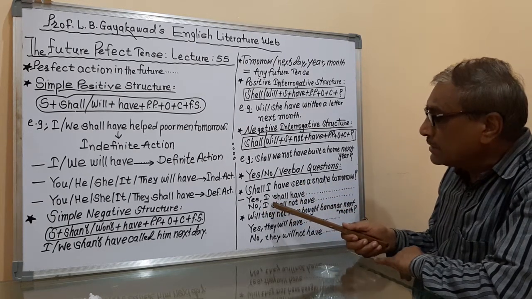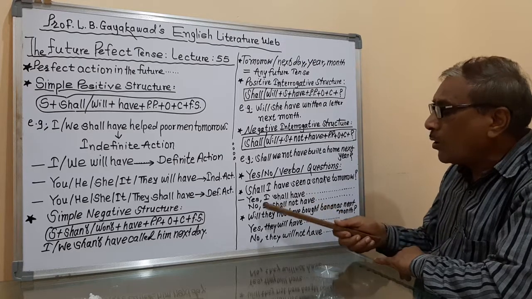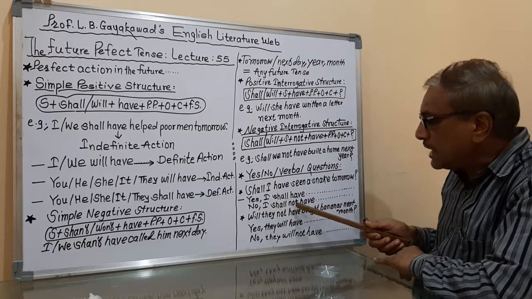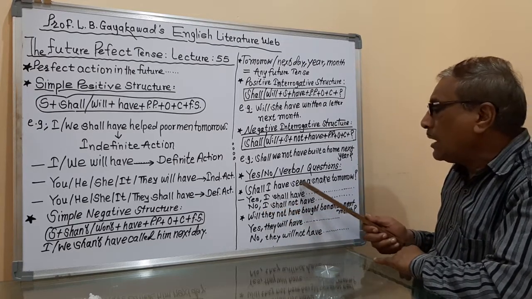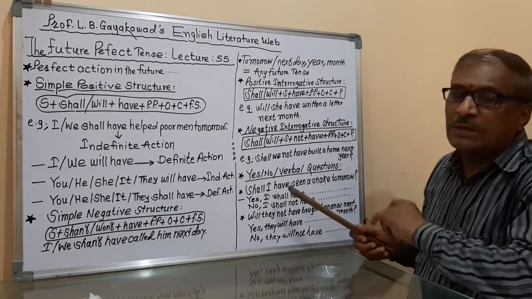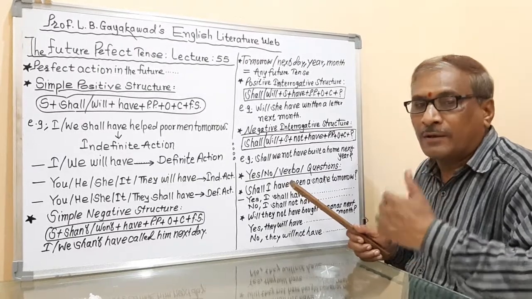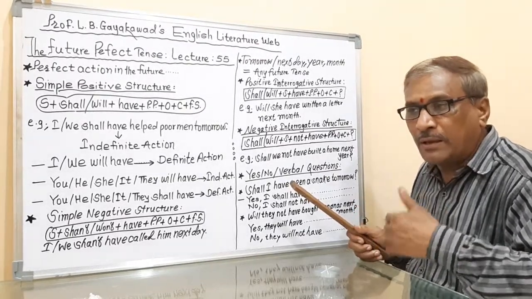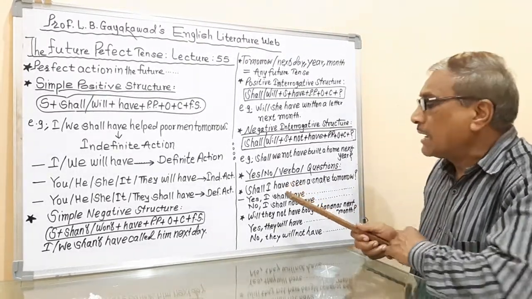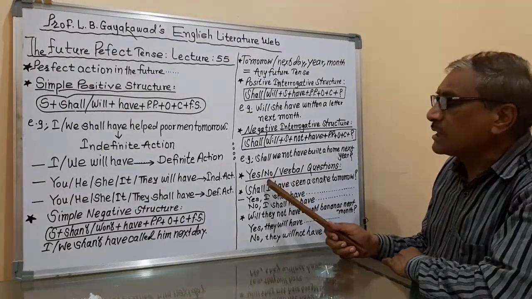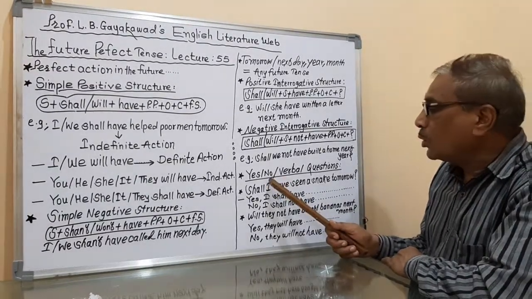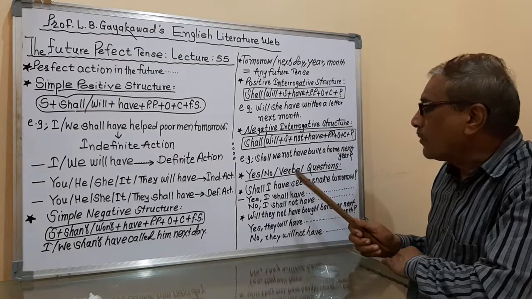No, I shall not have, or I shan't have seen a snake tomorrow. Means the answers are there in yes or no form or in yes or no sentences, and that's why such questions are called yes-no or verbal questions.